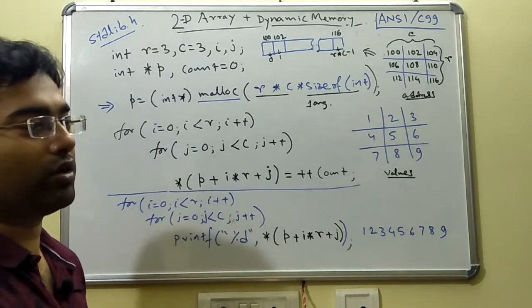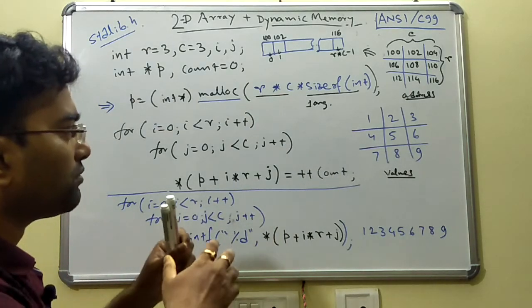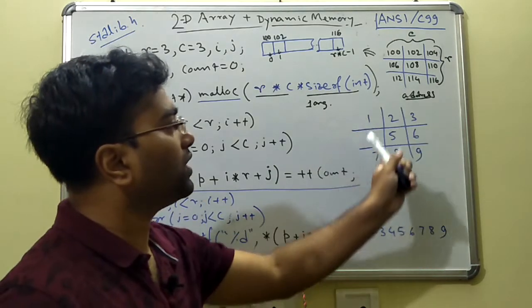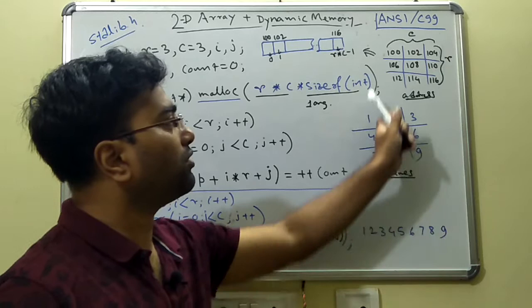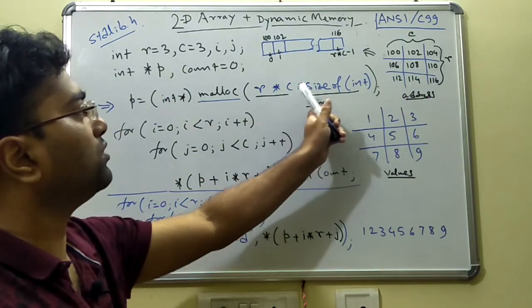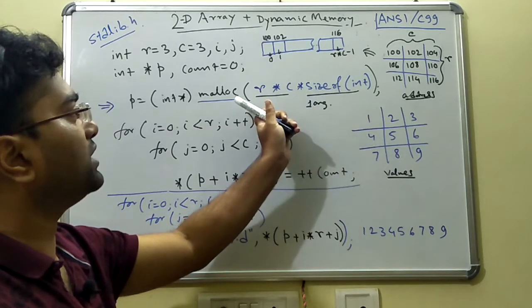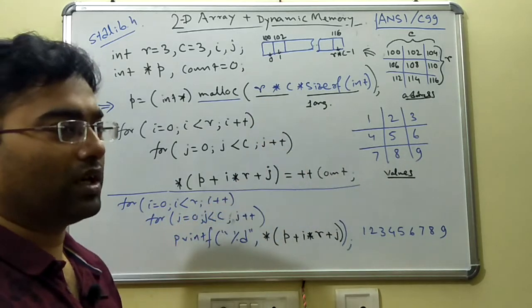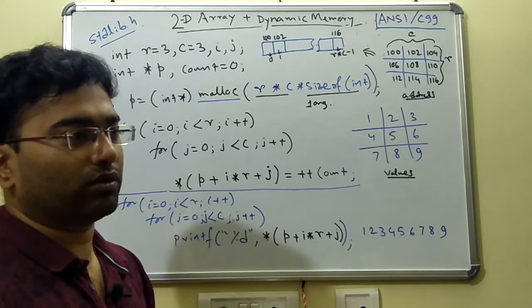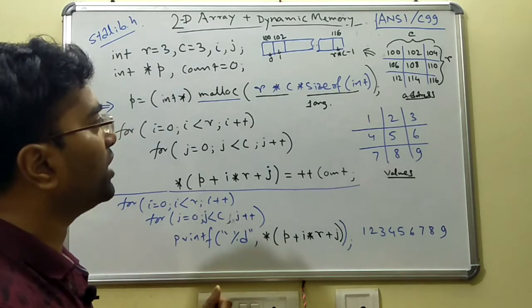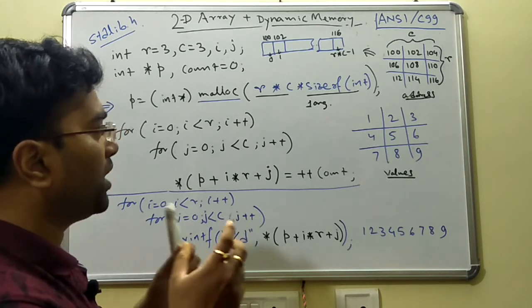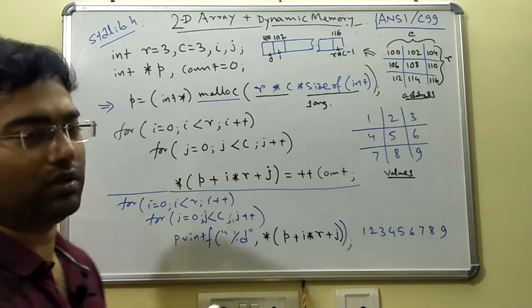So instead of visualizing the array as a 2D array or kind of a matrix, what actually happens is that malloc(r * c * sizeof(int)) takes r into c into size of int as a single argument, so it will create a memory of r into c.